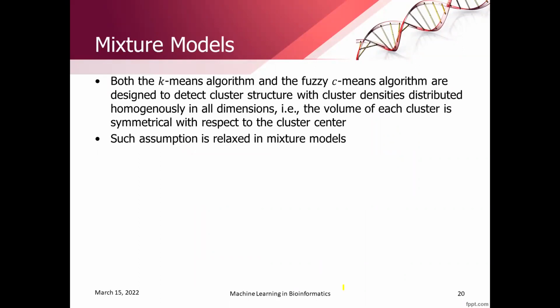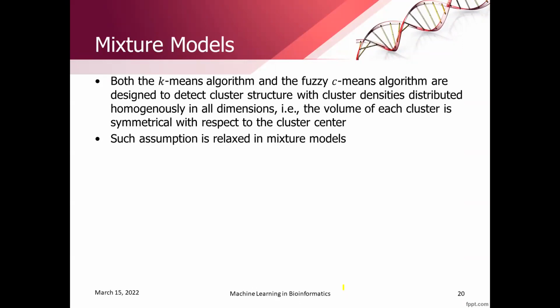Fuzzy c-means actually assumes that the measure for the strength of the assignment of an observation depends only on the distance from the centroid.